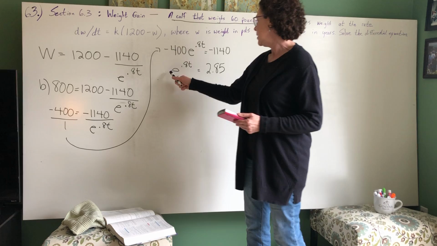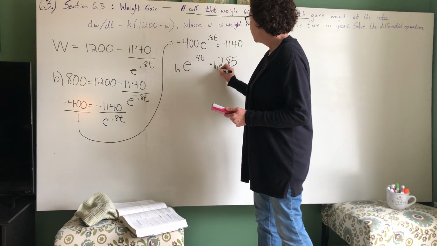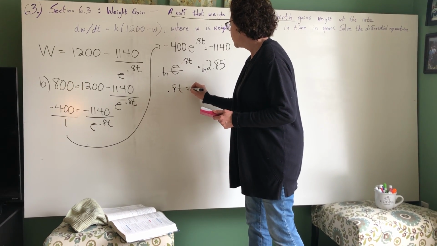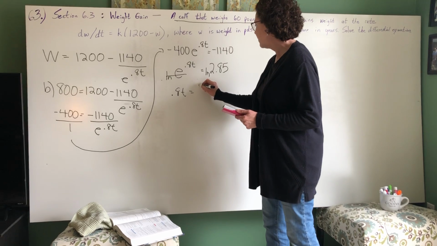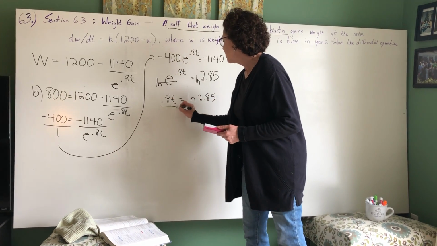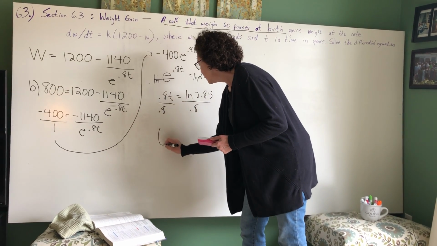We know that we need to take the natural log of both sides. And we get 0.8t equals the natural log of 2.85. I might just write that. You can see we're going to divide both sides by 0.8. We'll just do all that math at one time. There we go.